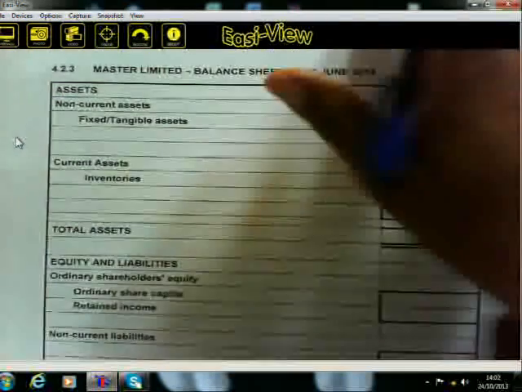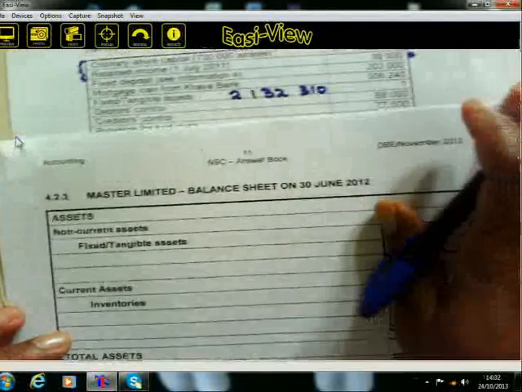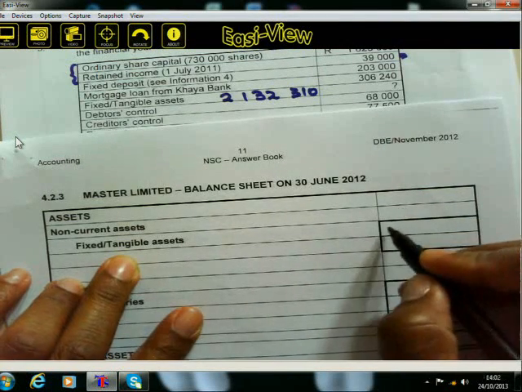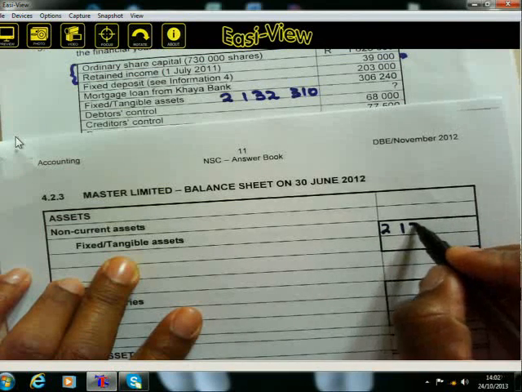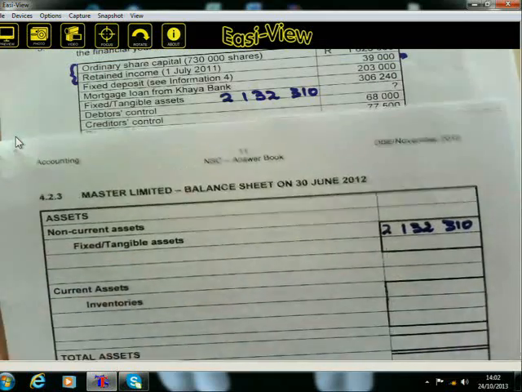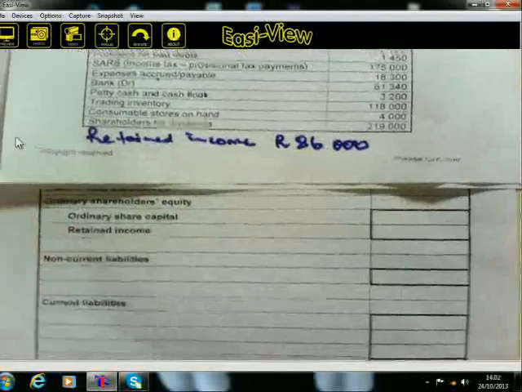So let me put it, because it's given. The fixed asset, we say, is 2,132,310. And then the retained income here.